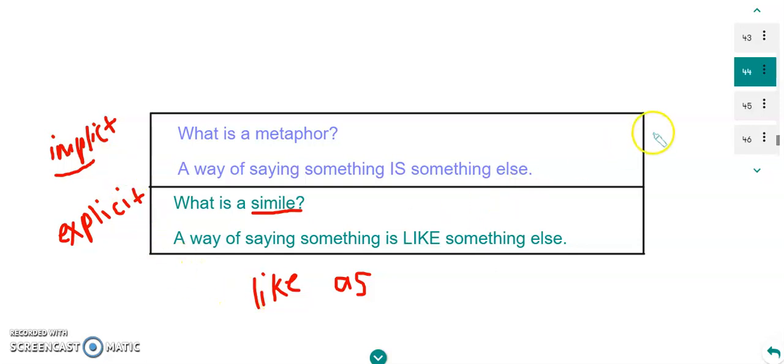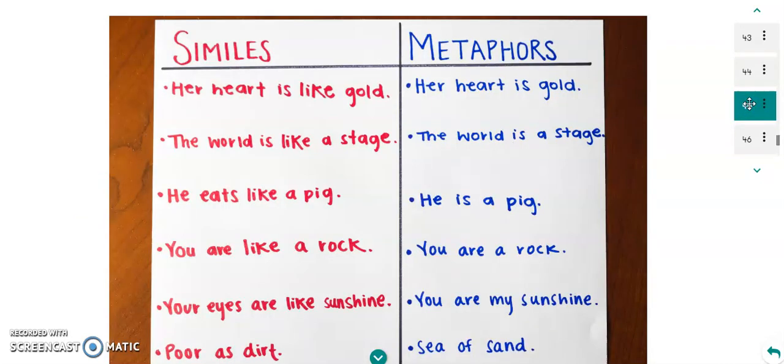Great. Now that we've done that, I want to give you some examples to help you visualize what I've just described. Here is a table that separates similes and metaphors. So they're describing the same thing, but they're just in the form of a simile and a metaphor. So you can see here, her heart is like gold. We have the word like, the connecting word. However, if this was a metaphor, you would say her heart is gold.